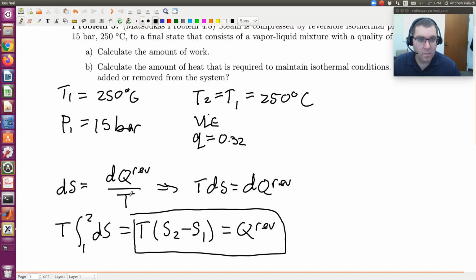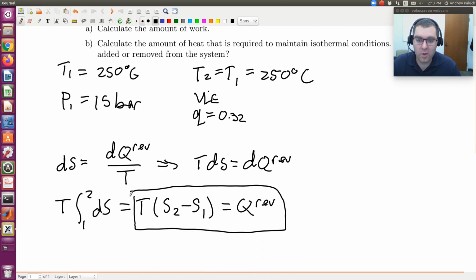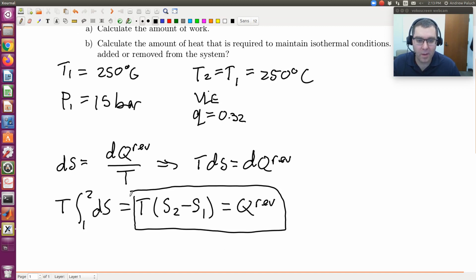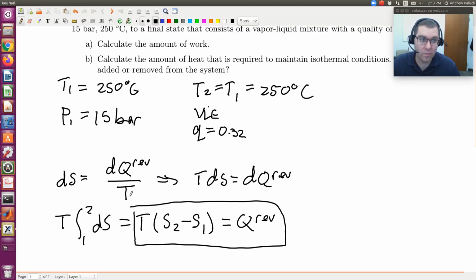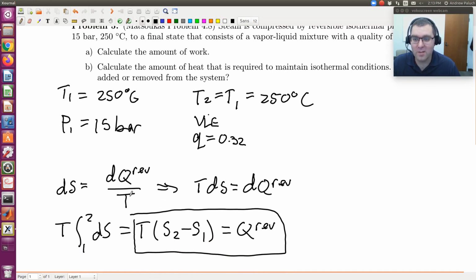My initial and final states are specified, so I should be able to look up all my properties in my steam tables. So once I know S of my initial and final state, and I know my temperature, since T is constant, I can calculate my reversible heat exchange for the process.